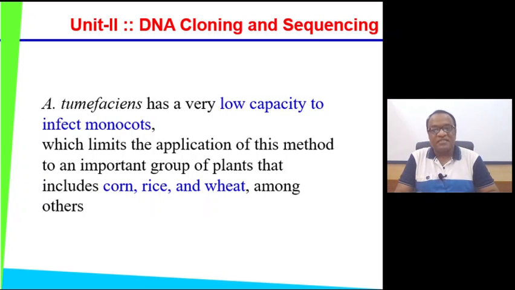This limits the application of this transformation method to an important group of plants, for example corn, rice, wheat, etc., because it has a low capacity to infect monocots. Is that clear?